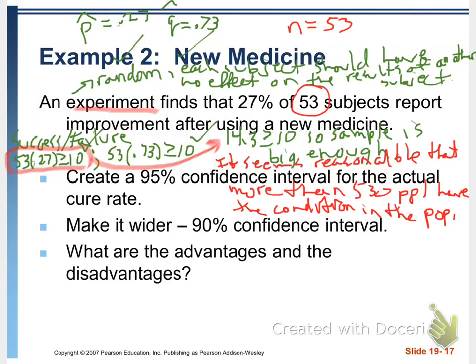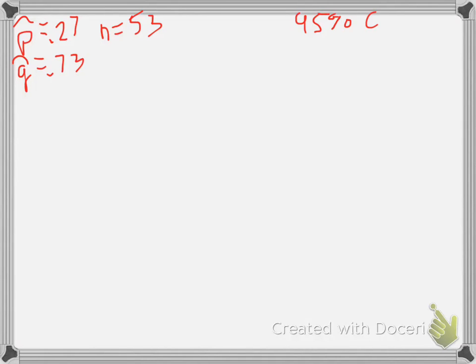So now I can go and do a 95% confidence interval for the actual cure rate. Okay, so I'm going to switch to the next screen. I'm going to rewrite some of the stuff up here. So we said p hat is 0.27, q hat is 0.73, n equals 53, and we want to make a 95% confidence interval. Now remember we did it in the first example.